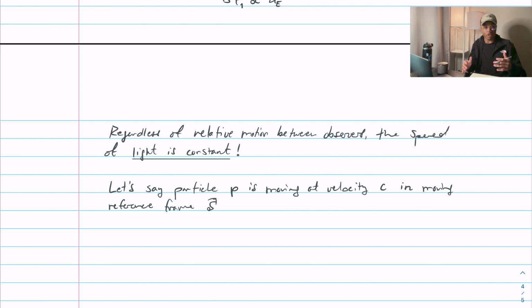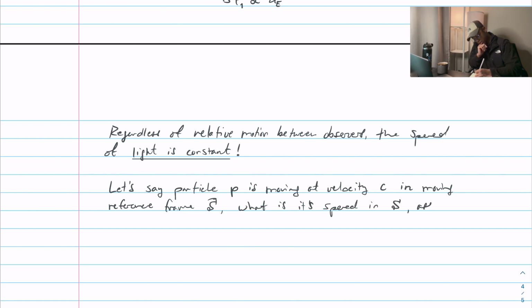This is an inertial reference frame, and what that means is that the reference frame S bar is moving with a constant velocity with respect to an inertial reference frame at rest. So let's say this particle P is moving at velocity C in moving reference frame S bar. What is its speed in S, assuming it's fixed?